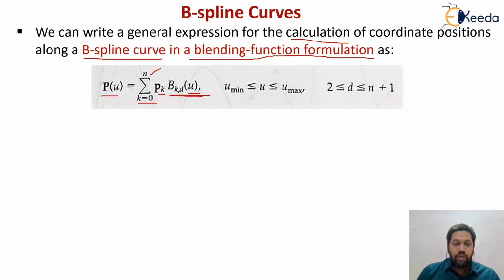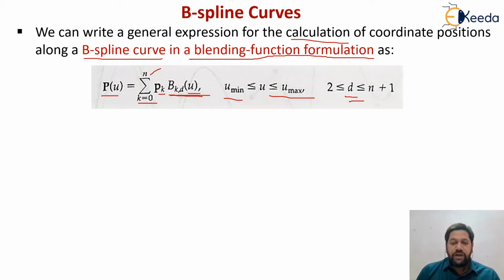Now what is this u? The u varies from the u minimum value to the u maximum value. And what about d? Here we are considering the minimum value of d as 2, because we should definitely have the start point and the end point.